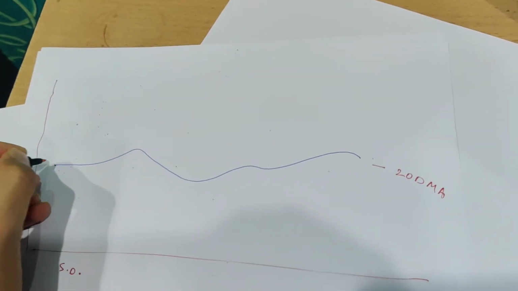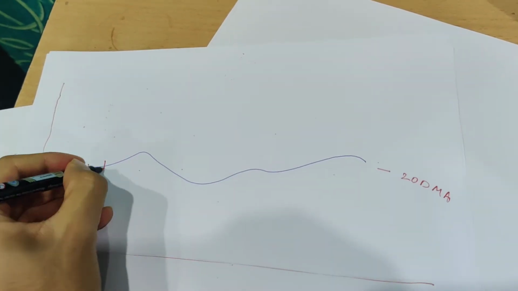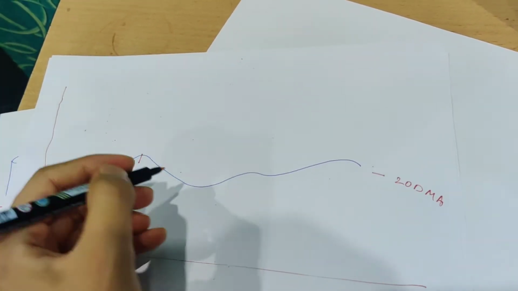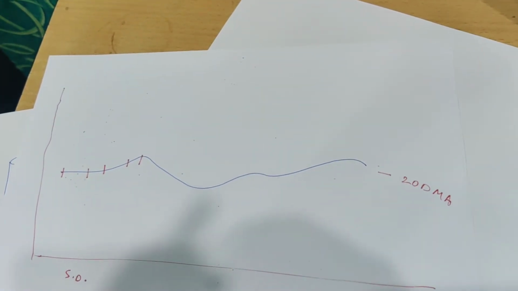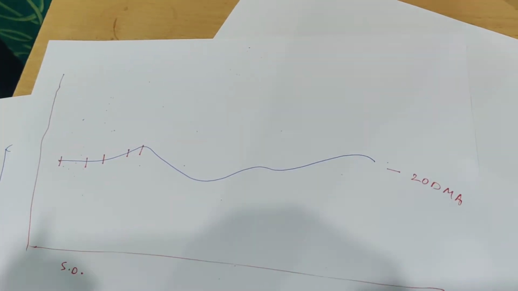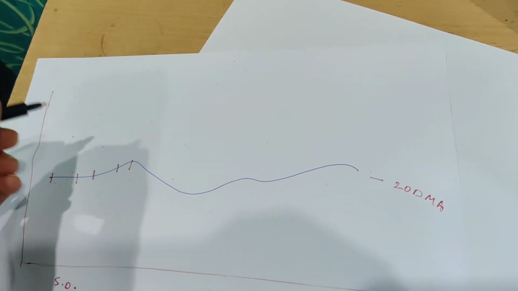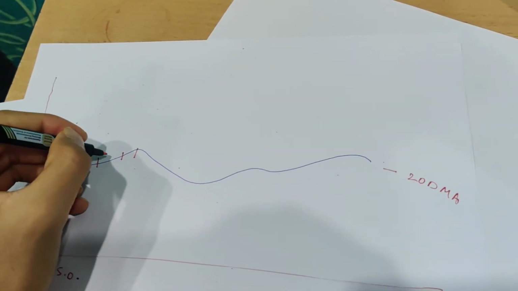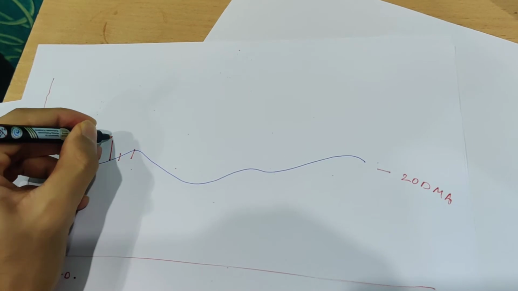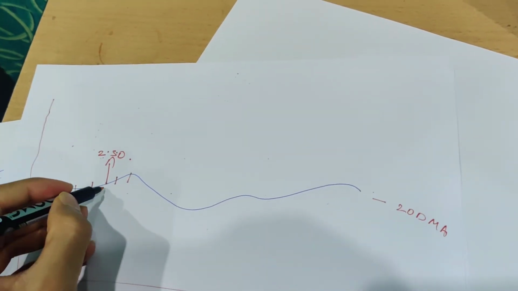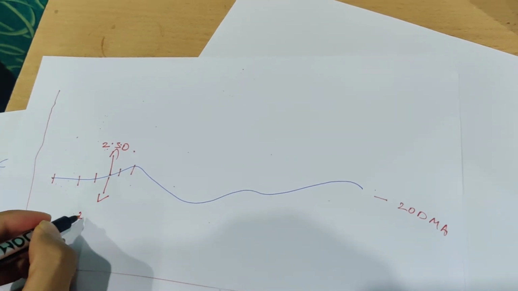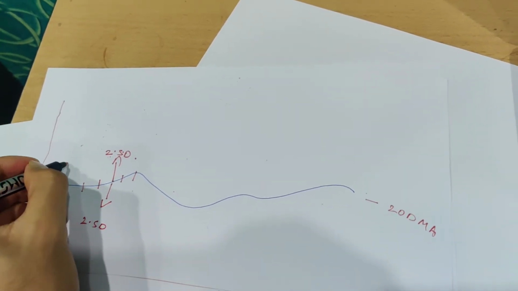From each data point, suppose there are multiple candles here. For each data point, its standard deviation will be calculated with the previous 20 candles in Bollinger Bands. So the upper Bollinger Band is plotted at 2 standard deviations above and the lower band is plotted at 2 standard deviations below.